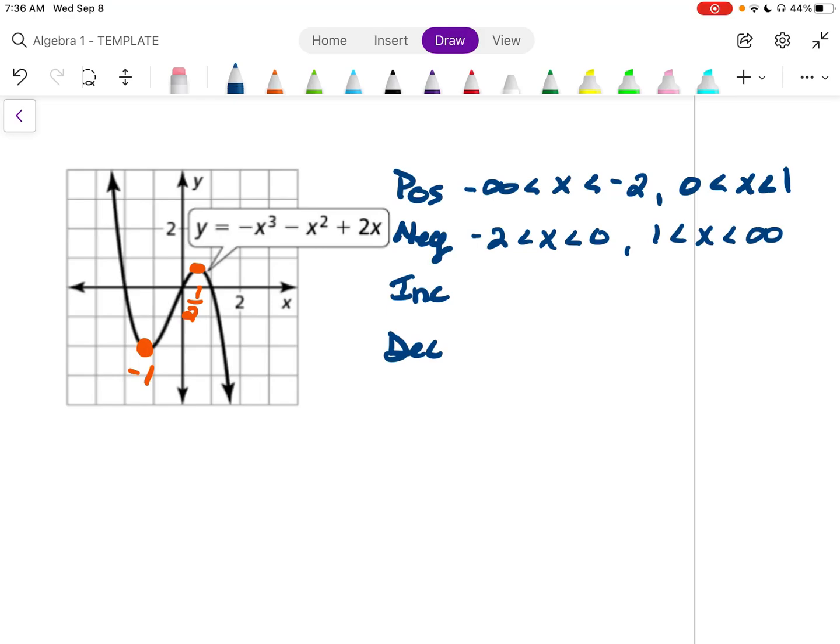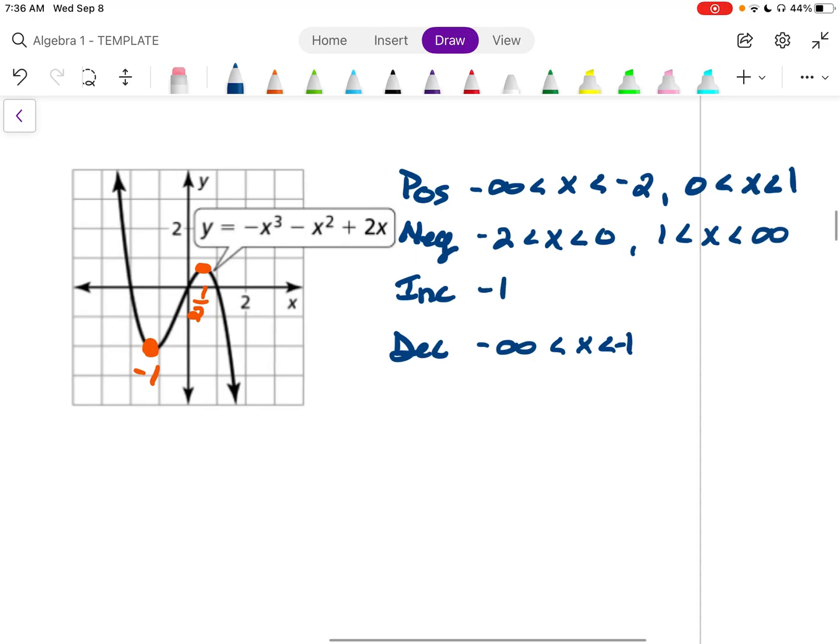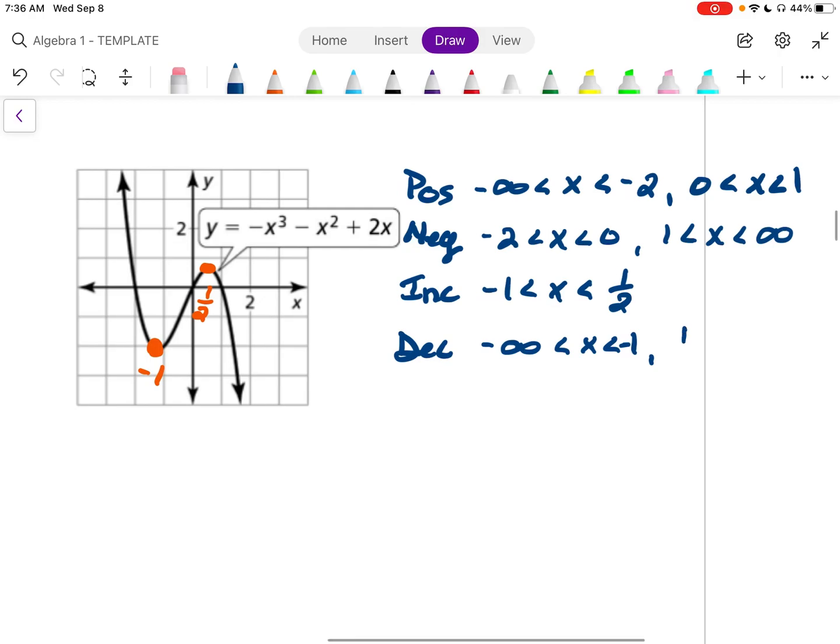The graph starts off decreasing, so I'll start off at negative infinity less than x less than -1, and then it turns to increasing, and it's going to be -1 less than x less than 1/2. And then it shoots back down, so it goes decreasing again. So this is going to be 1/2 less than x less than infinity.